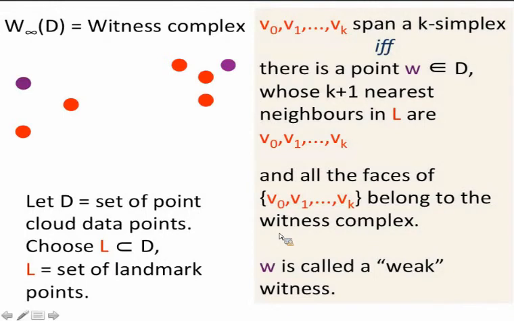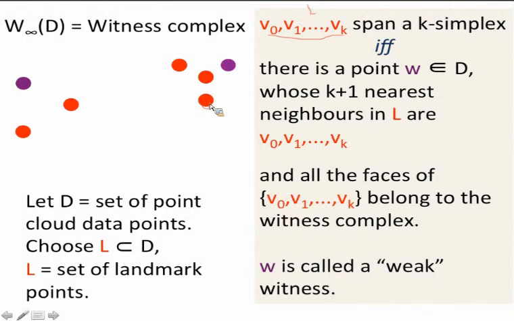We do want a simplicial complex, so if we create a triangle, we better have all the edges and all the vertices. Our vertices will be our witnesses, so these things have to all be in L to begin with. A point in L can be a witness, so this point here is a witness that that point exists. So those are our vertices.